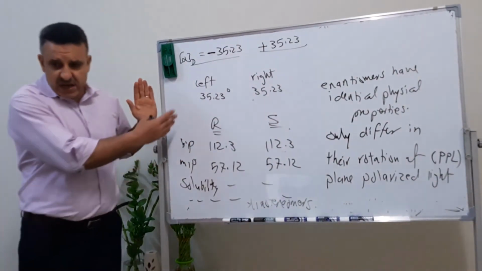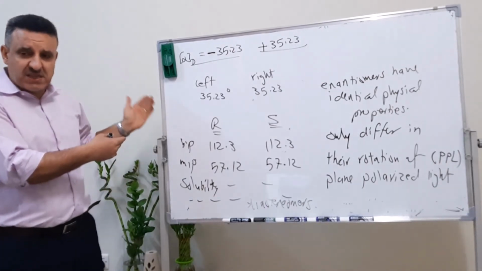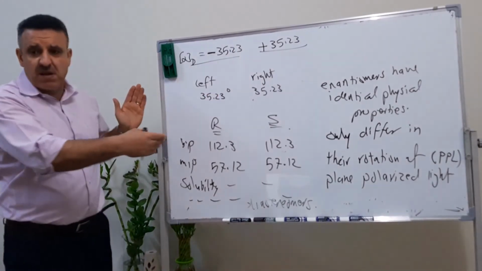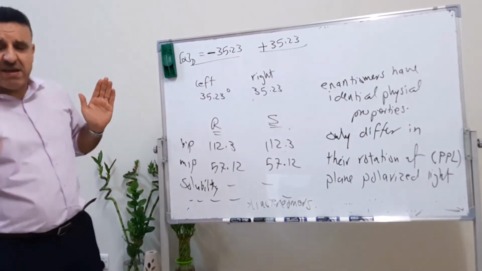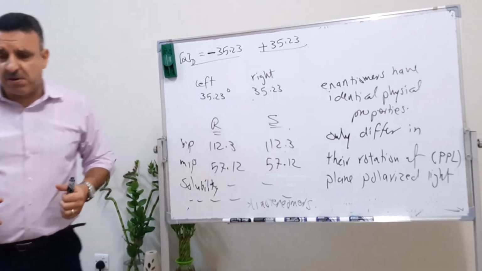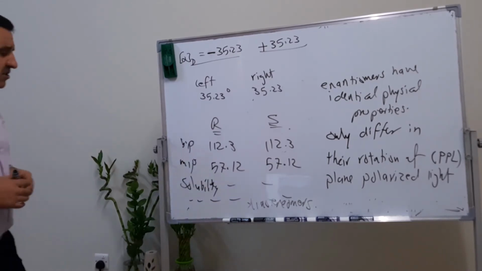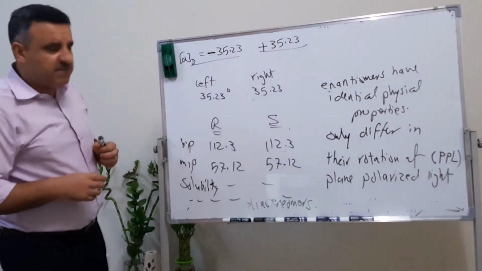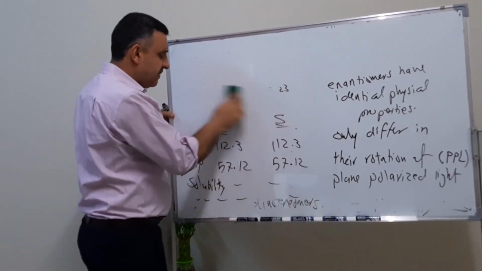If one enantiomer rotates the plane polarized light to the right with a certain angle, the other enantiomer must rotate it to the left with the same degree of rotation. Do you follow me?